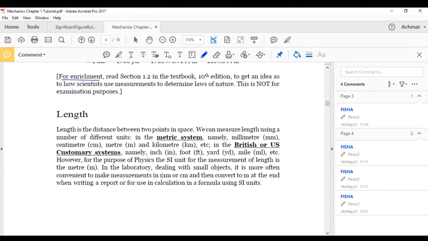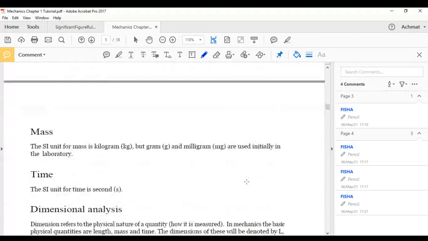Okay, in the lab, sometimes when you are dealing with measurements, you use other units, for example, millimeters or centimeters. But for you to use it in a calculation, you must still get it into SI units before you can use it in your particular calculation.